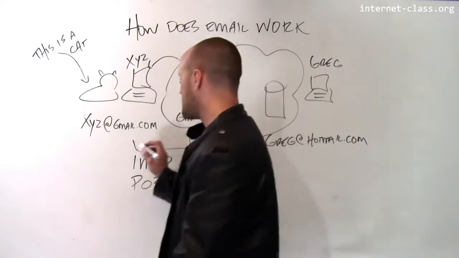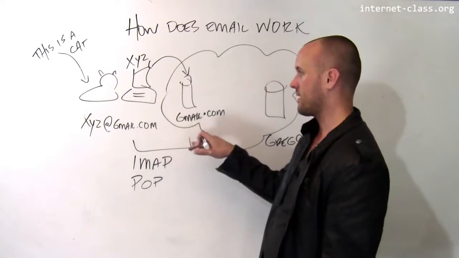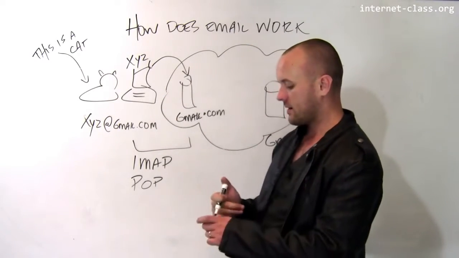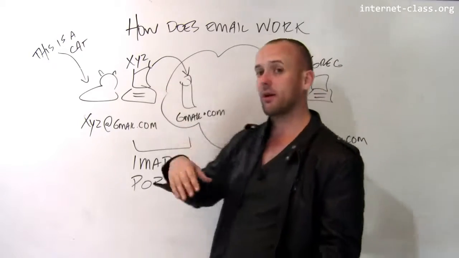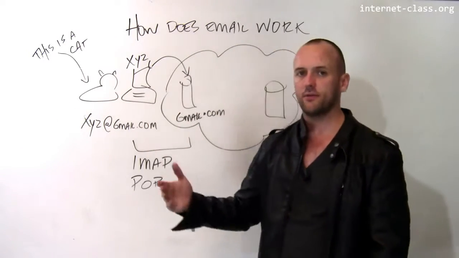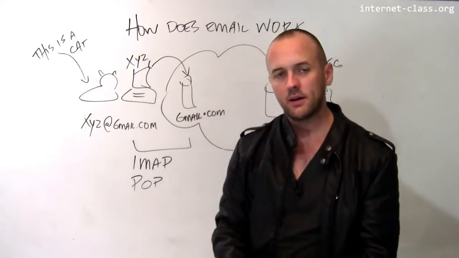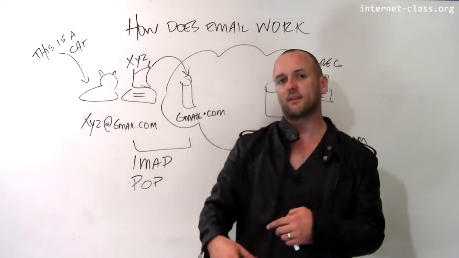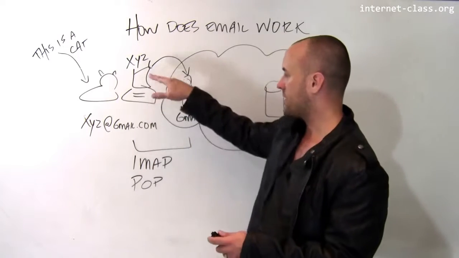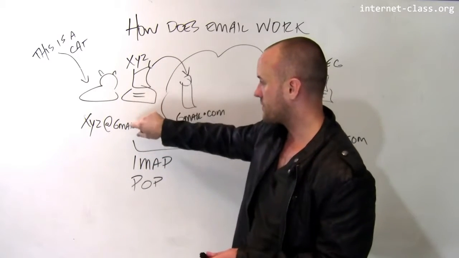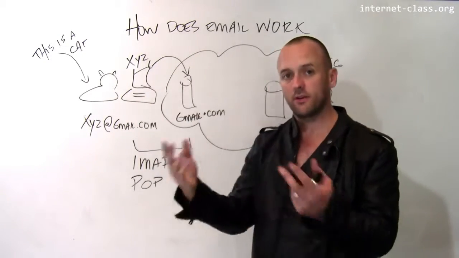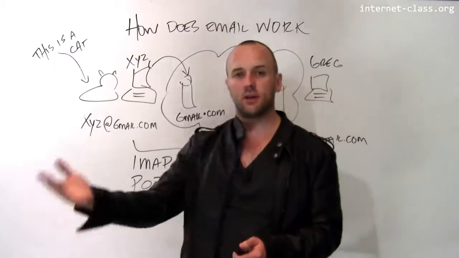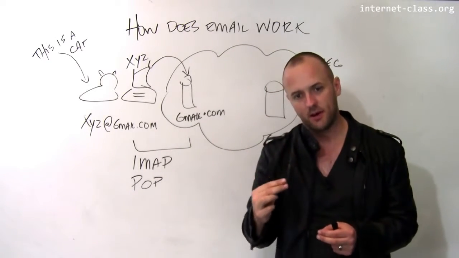There are also Exchange protocols that Microsoft has developed that work here, but these protocols are designed to allow a mail client to communicate with the mail server to do things like retrieve mail, send mail, organize mail, put mail into folders, things like this. So these protocols run between a mail client that typically runs on your computer and a mail server that you connect to. That's the first step in sending mail.